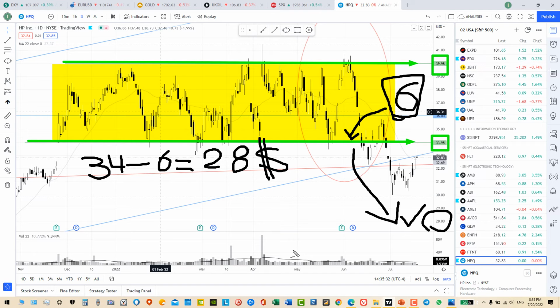Things over the short term are very negative. Things are bearish, clearly bearish, after the break of the trading range to the downside, and things will stay bearish as long as HPQ is below the $34. So over the monthly chart, things are showing signs of weakness.